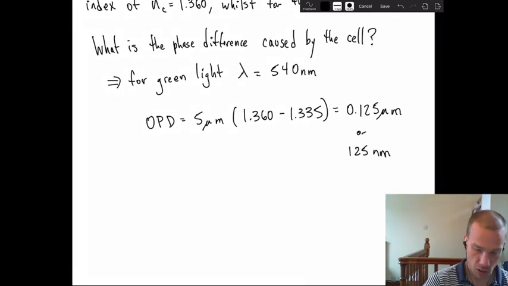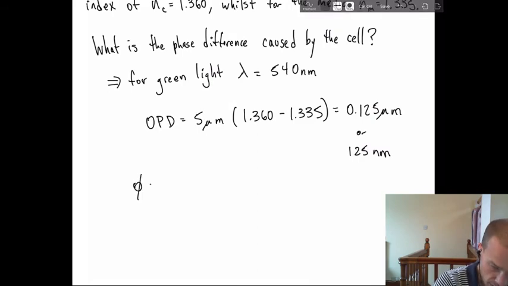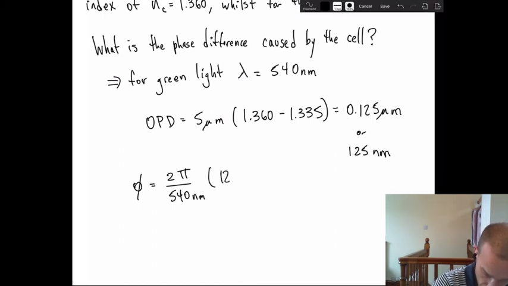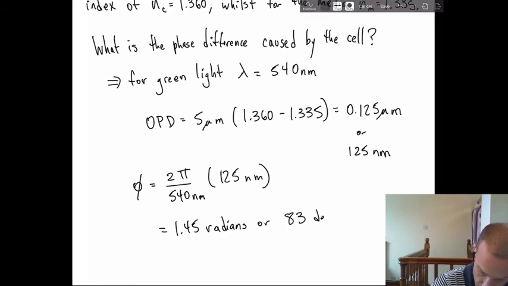Okay, so then for our phase difference in terms of an angle, we'll take 2 pi divided by 540 nanometers, multiplied by 125 nanometers. If you do the math on that, that's going to be equal to 1.45 radians, or, if it's more intuitive for you, 83 degrees.